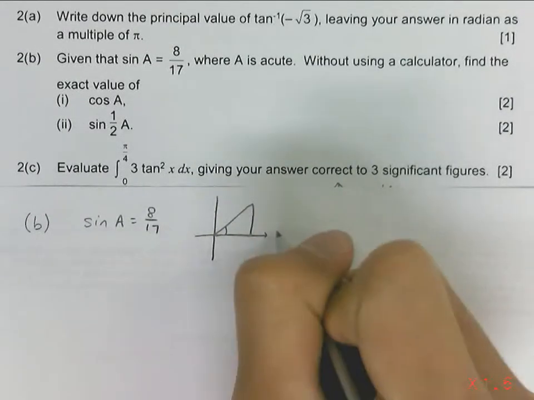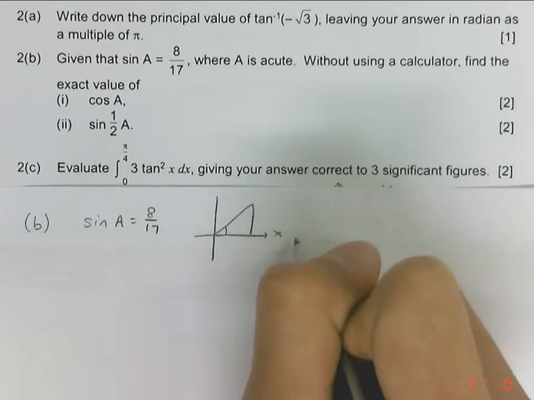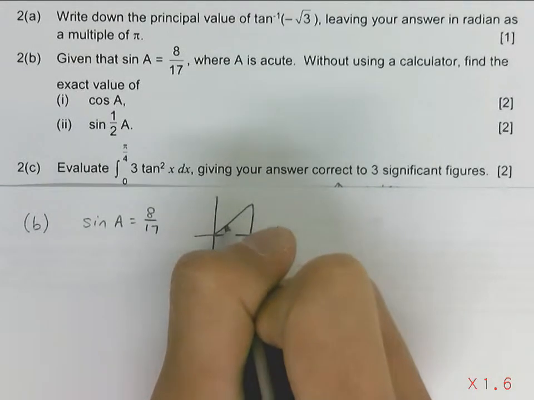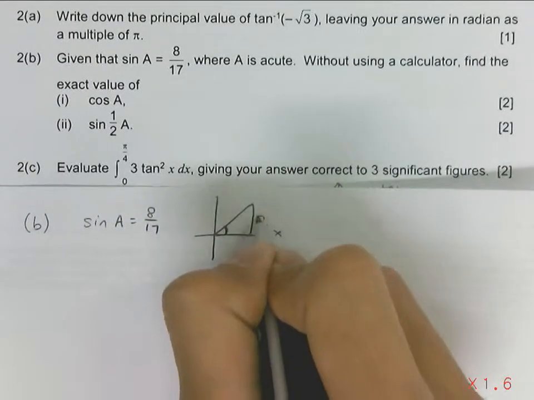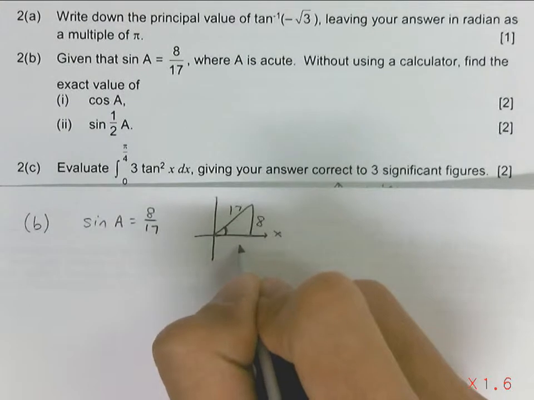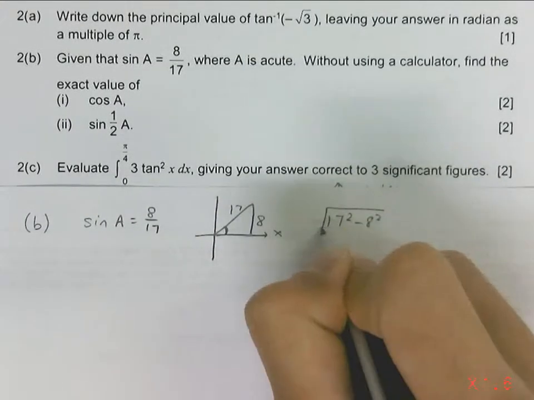Since this is again starting from 0 degrees or 0 radians, we move up the angle. The acute angle required is here. And similarly, by Pythagoras theorem, we can find the last side, 17 squared minus 8 squared, square root, which gives us 15.